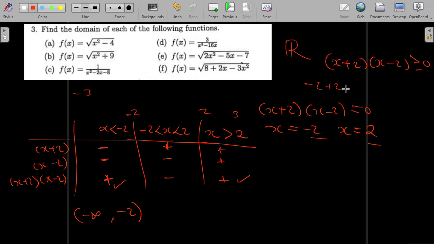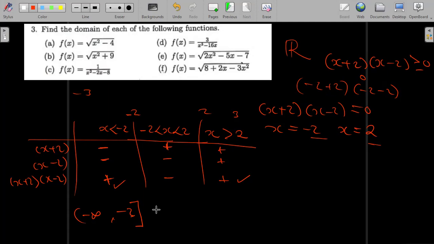This gives you a 0, and we're accepting it here since it's greater than or equal to 0, meaning the part for equal to 0 is accepted. So -2 is not going to be open here. Instead, we're going to close here because that value is valid.